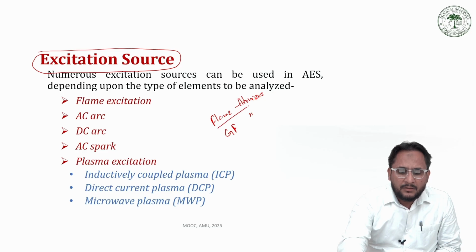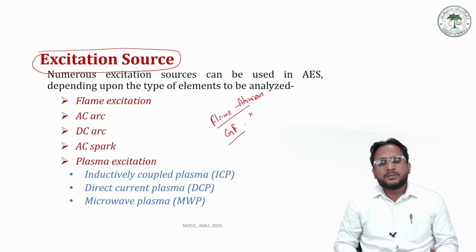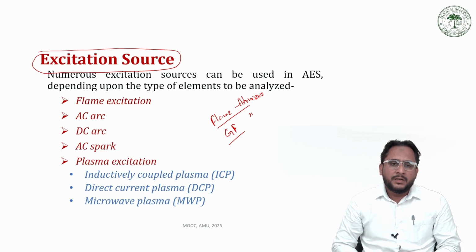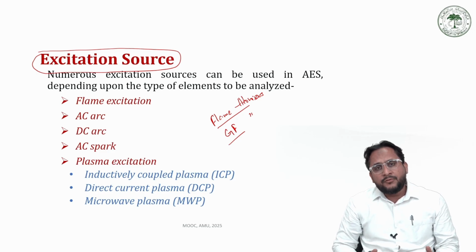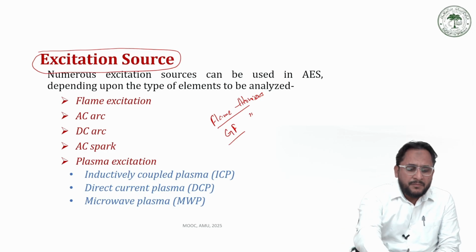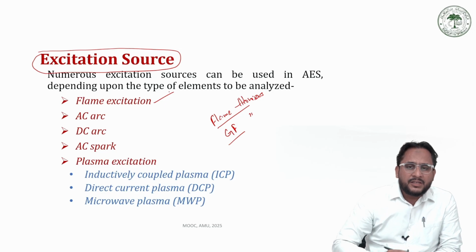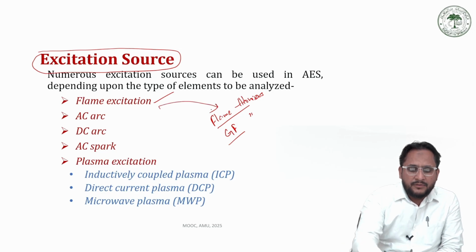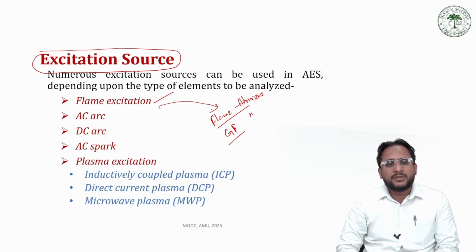Flame atomizers are called direct aspiration, while graphite furnace atomizers work on the electrothermal nebulizer principle. But in case of AES, we have flexibility, a range of excitation sources, right from the beginning with flame excitation, which is similar to our flame atomizers or the direct aspiration technique.